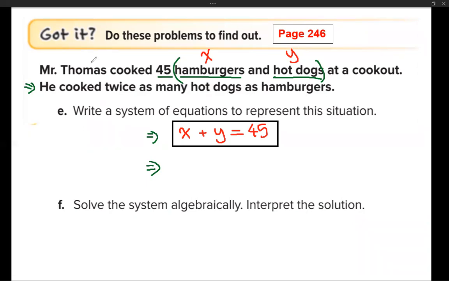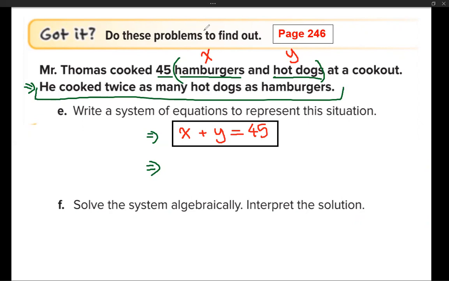The difficulty here may appear to some students in understanding this statement. He cooked twice as many hot dogs as hamburgers, which means that the number of hot dogs is equal to twice the number of hamburgers. Which means also that the number of hot dogs is greater than the number of hamburgers.